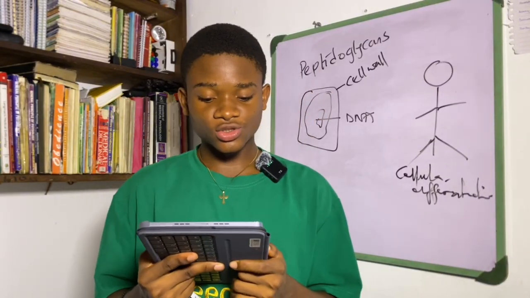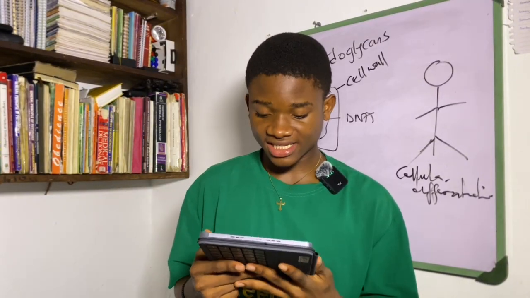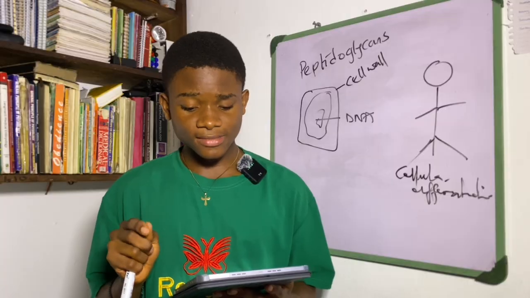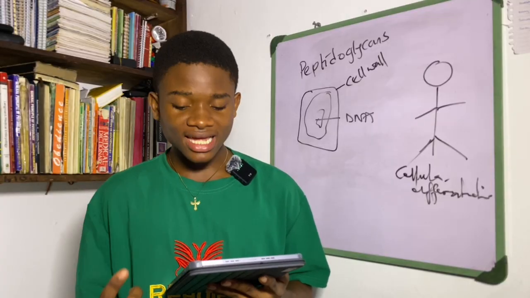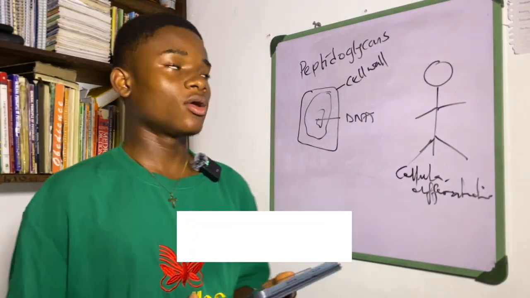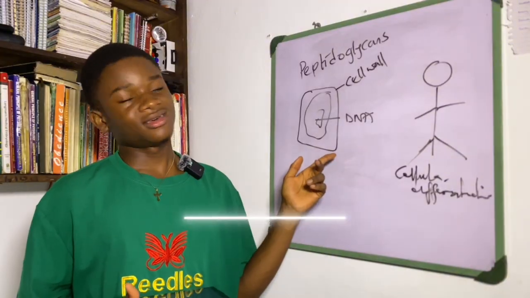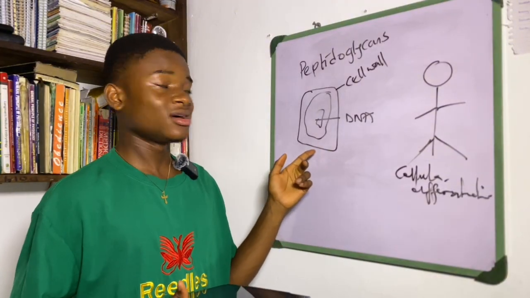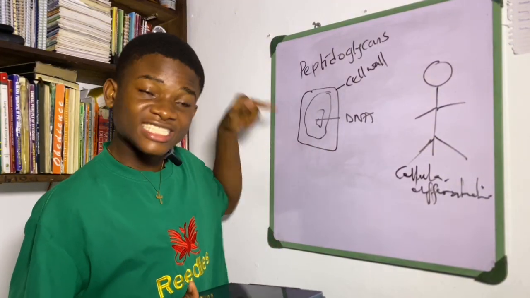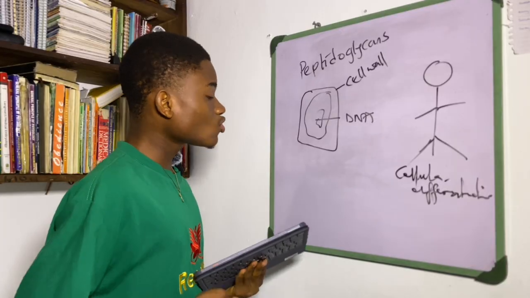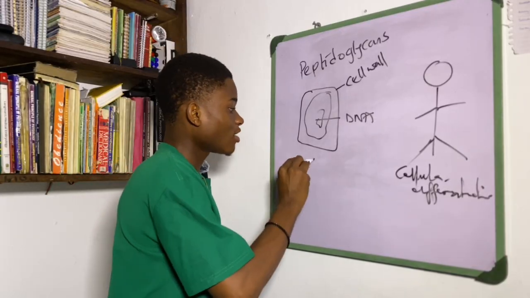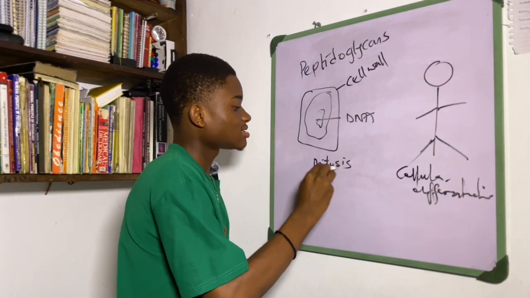Right, so next, due to the specialization and efficiency of organs, tissues, and systems, complex organisms have longer lifespan than unicellular organisms. This guy, it might even surprise you that it divides through mitosis. You have two types of cell division: mitosis and meiosis.